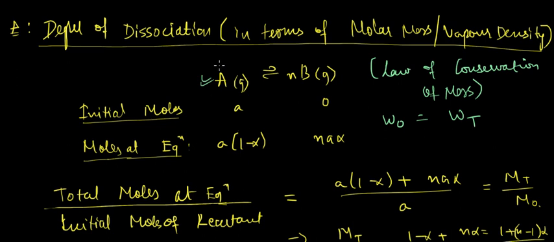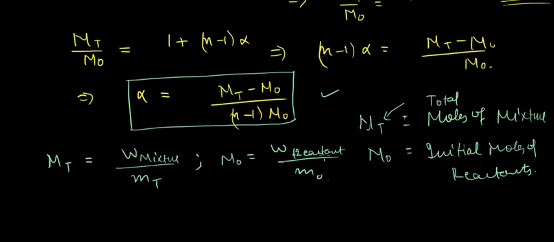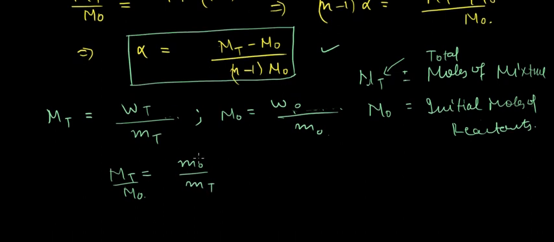At equilibrium, some moles of A are present and some moles of B are present, but the total overall mass of the mixture would still be equal to the initial mass of the reactant A. So we'll use this fact, equating W of the mixture, WT, with W of the reactant, WO. Since they are the same, we can write that MT by MO is equal to small mo by small mt.